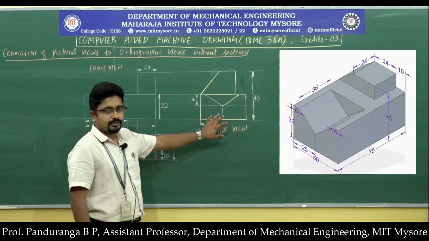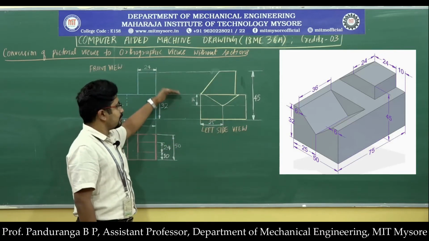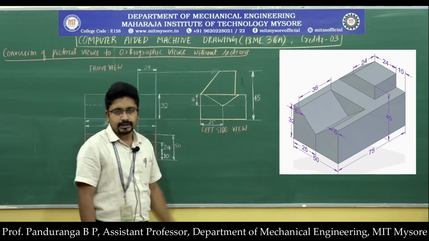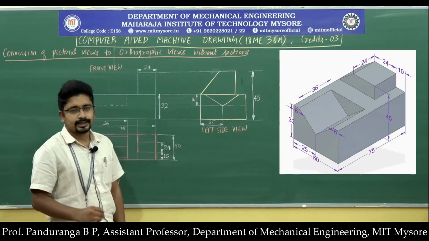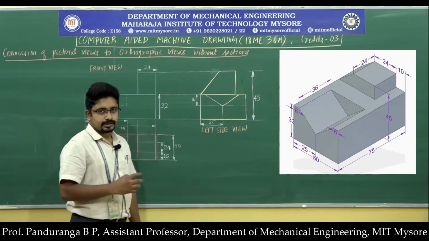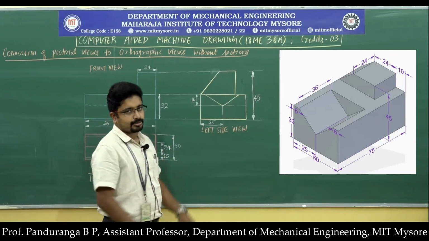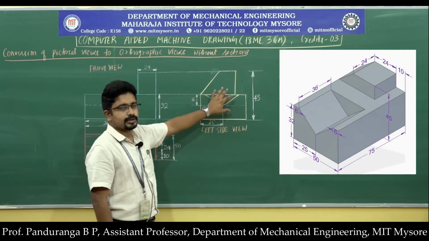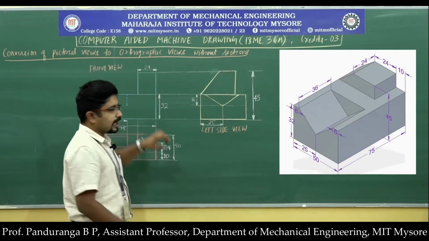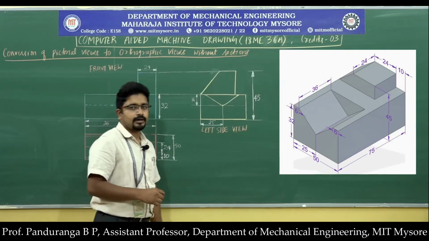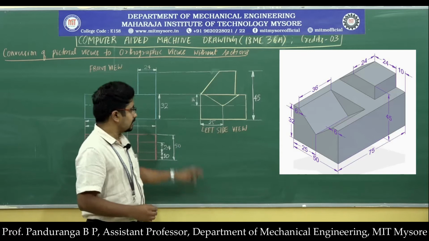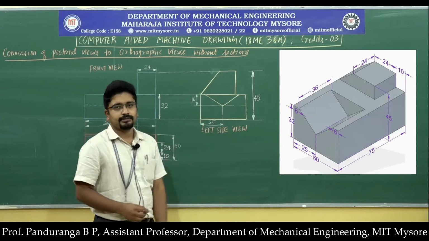To draw the side view, I will project all the horizontal edges from the front view to the right of the front view, because we are drawing the left side view. So the left side view will be on the right profile plane, and that should be on the right side of the front view. First, I know that the base of the side view appears to be a rectangle of 32 mm by 50 mm.